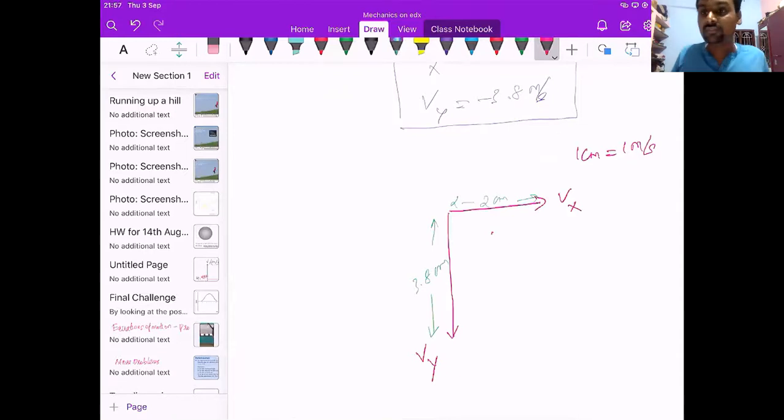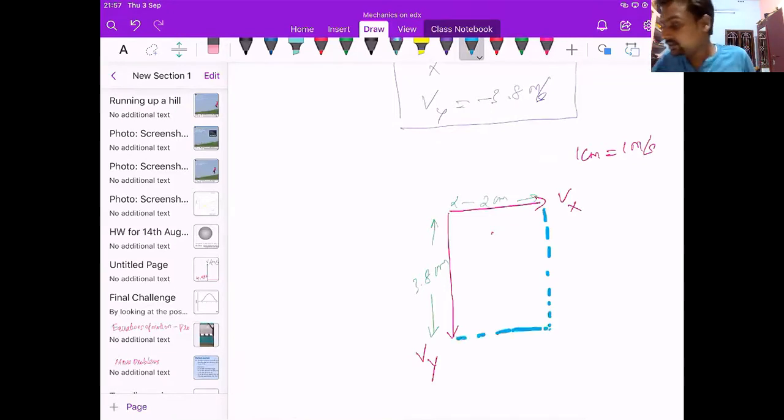Now in order to find the resultant velocity, we basically use the Pythagoras theorem. So I complete the rectangle here, right? And then I draw the diagonal. This diagonal basically represents your resultant velocity, the one which you saw on the tracker file.